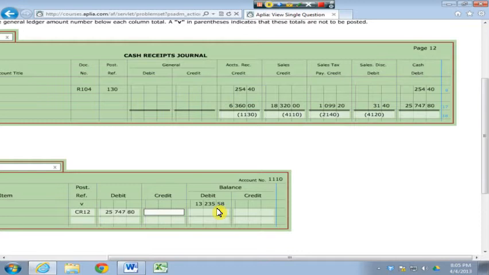And when we add our two debits together, we're going to get a total of $38,983.38. Did I type that correctly? No. Try that again. Okay. Put the post reference in. I missed a number.